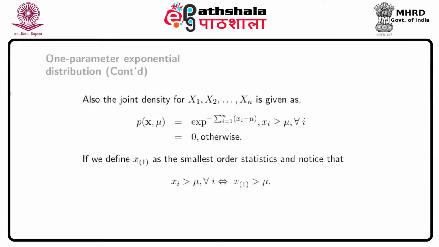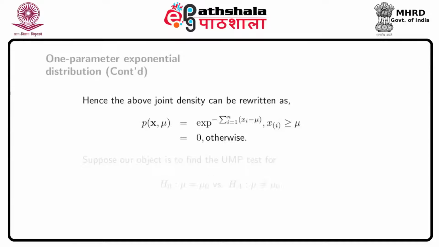If we define x(1) as the smallest order statistic, notice that xi greater than or equal to mu for all i is equivalent to x(1) greater than or equal to mu. Hence, the above joint density can be written as p(x, mu) equal to exp of minus the summation over i from 1 to n of (xi - mu), with x(1) greater than or equal to mu, and 0 otherwise.